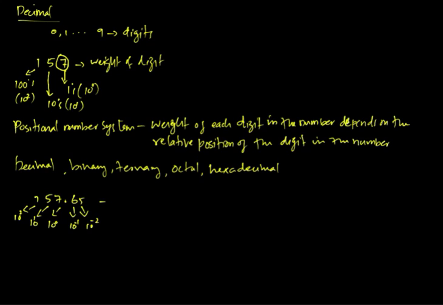So we can expand it in terms of this 10, that is 1 into 10 raised to 2 plus 5 into 10 raised to 1 plus 7 into 10 raised to 0 plus 6 into 10 raised to minus 1 plus 5 into 10 raised to minus 2.